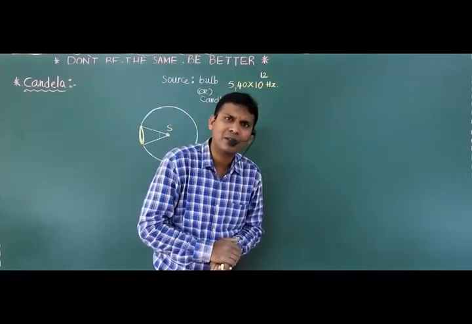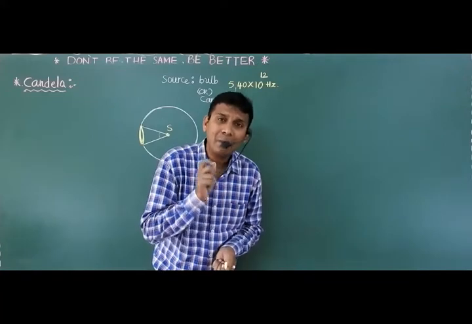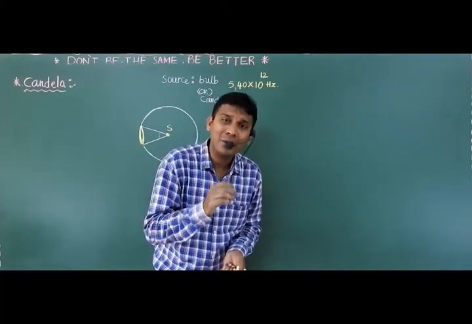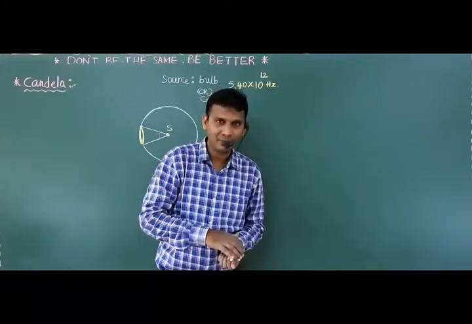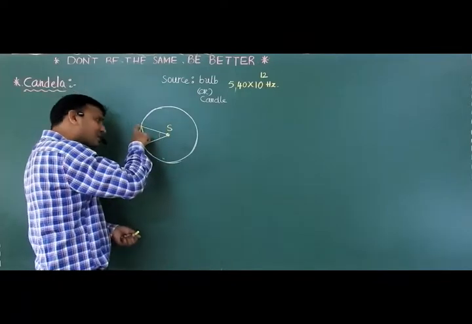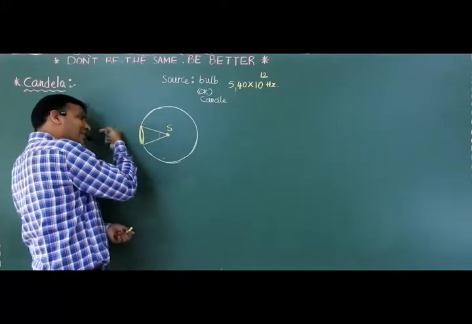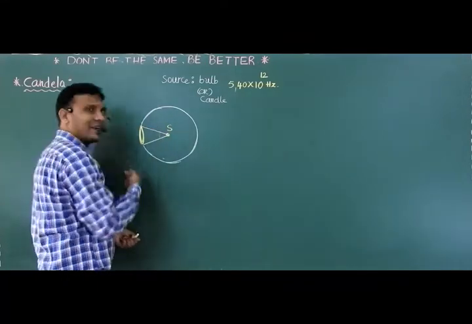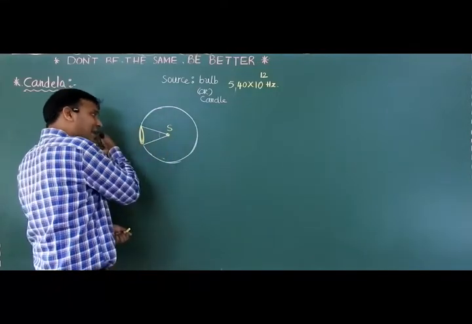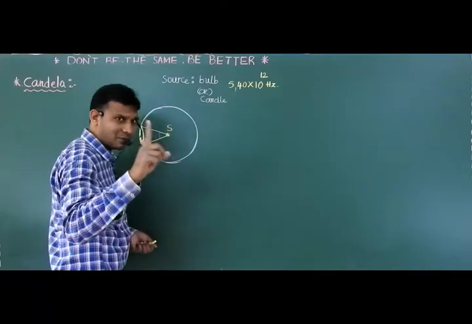Sir, what is intensity? Energy per unit time per unit area. Okay, now this source, through this surface in a given direction, right? In a given direction, what is the surface area? Unit only, 1 only.